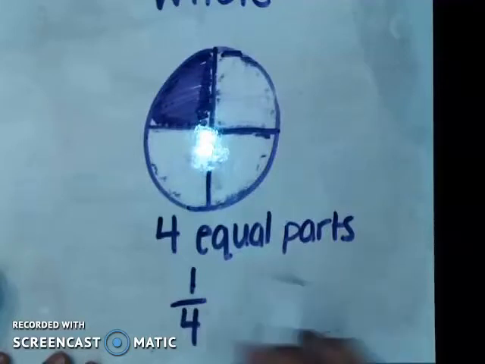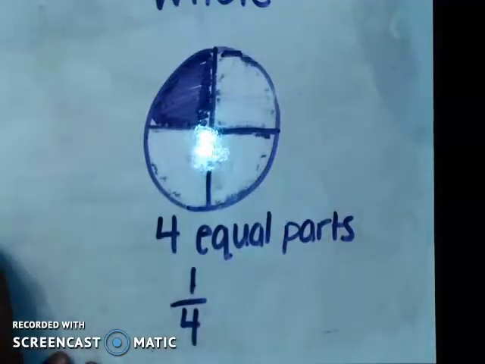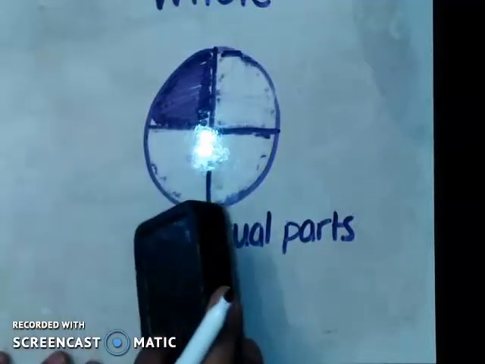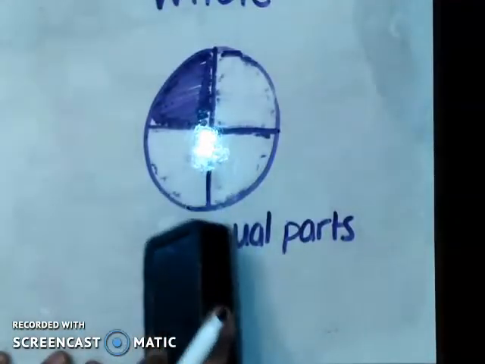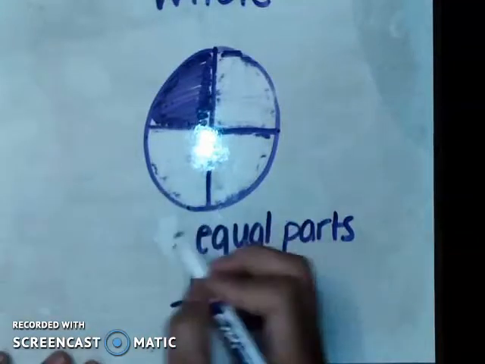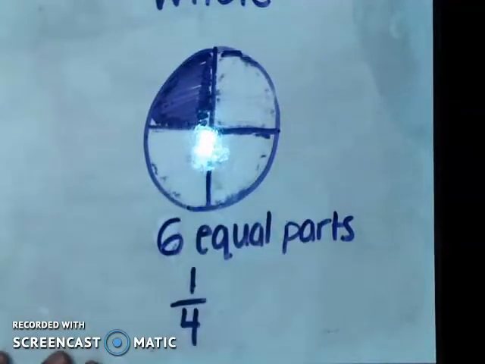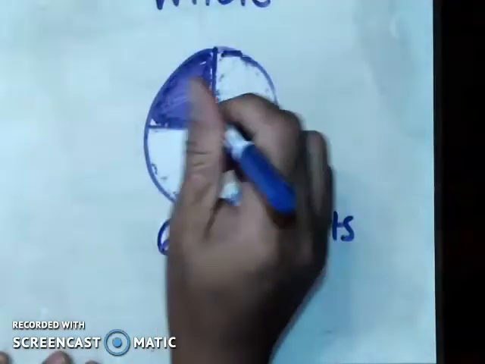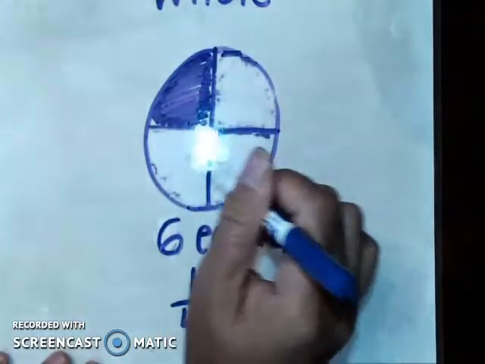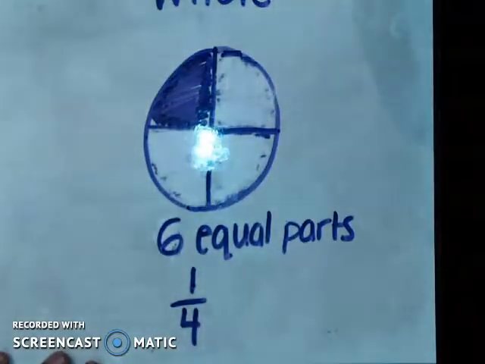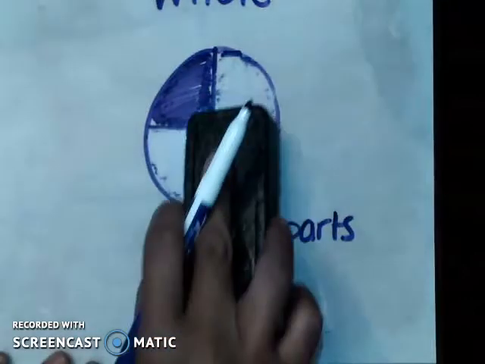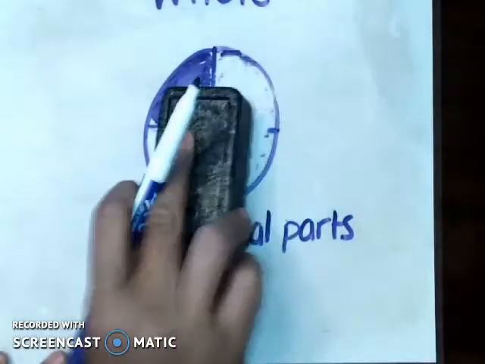Now let's say I took my circle now, and instead of 4 equal parts, boys and girls, I want to divide it up into 6 equal parts, which means how many pieces or how many units now will I have in my circle? I will have 6, right? So everything kind of has to match here.